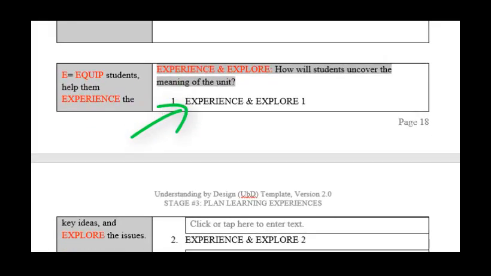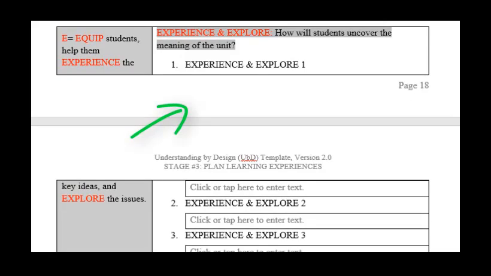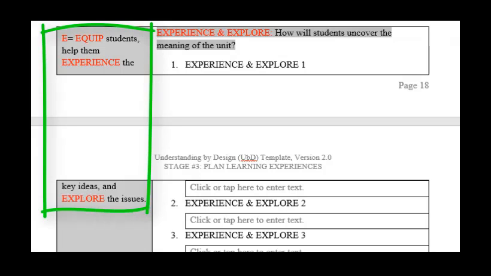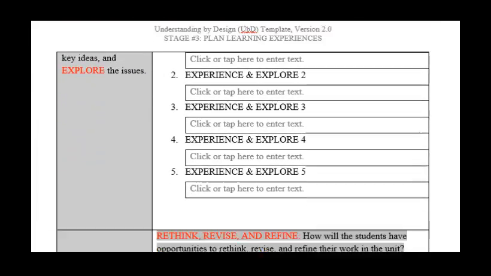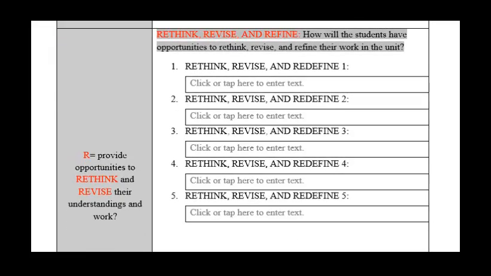Next, we'll move into experience and explore. We need to understand how we will get students to uncover the meaning of the units. So we are equipping them, helping them experience the key ideas, as well as exploring the issues at hand. R begins with rethink, revise, and refine.